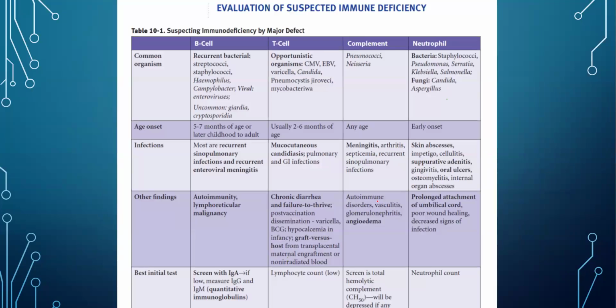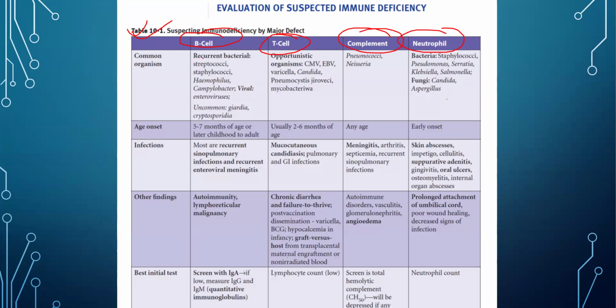Now, there are some small topics that we still have left, like immunodeficiency in children. Immunodeficiency in children can be due to B cell deficiency, T cell deficiency, complement deficiency or neutrophil deficiency. It's not super important for the exam, but the only thing you need to know is how they usually present.